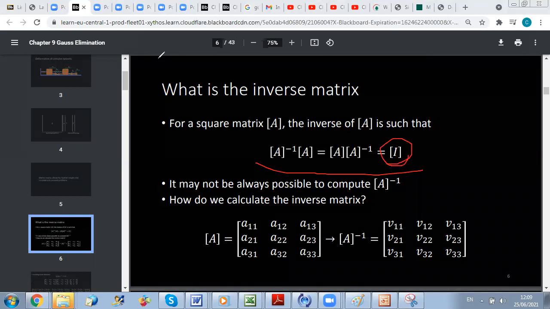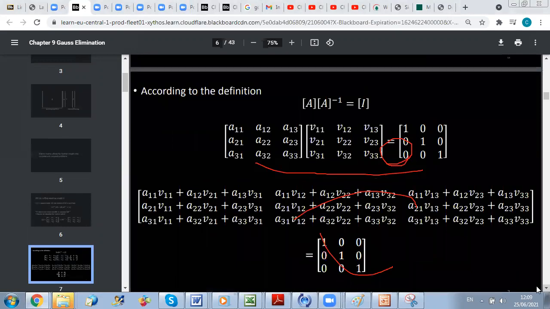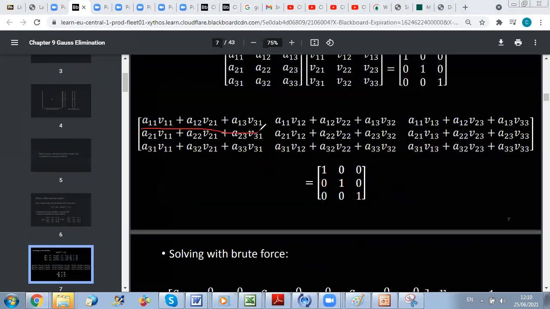Starting from this definition, if we just do the multiplication of A times the terms of A minus 1, we will end up with the following result. And we saw yesterday that this result will lead to 9 equations, 9 unknowns, by just setting, for example, this term equal to 1, this term equal to 0.